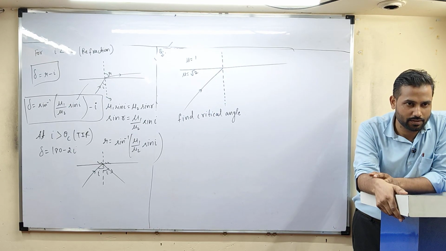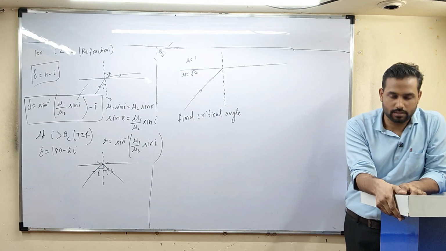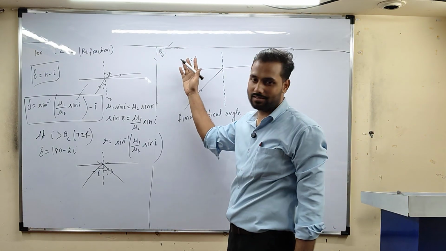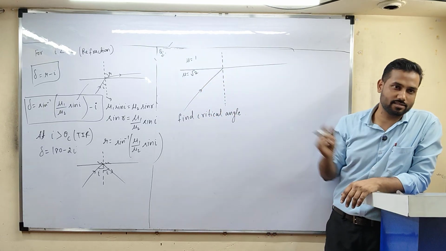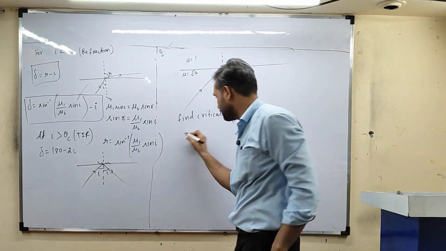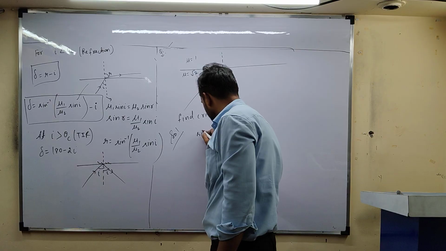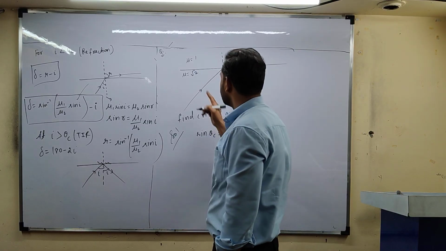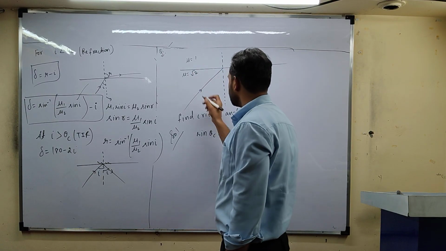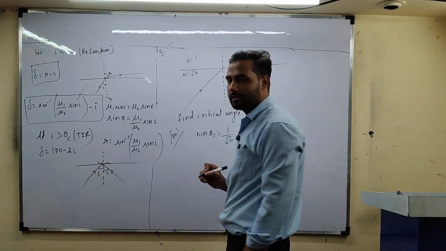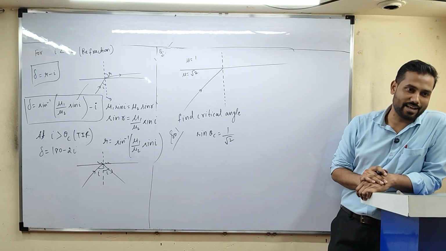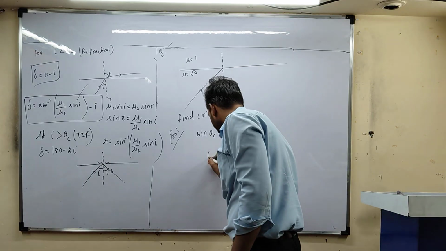Sin theta c equals mu 1 upon mu 2. It's like that, rarer medium and then denser medium. Sin theta c equals, rarer medium is what? 1. This one is root 2. After solving, we will get the answer: theta c is 45 degree.